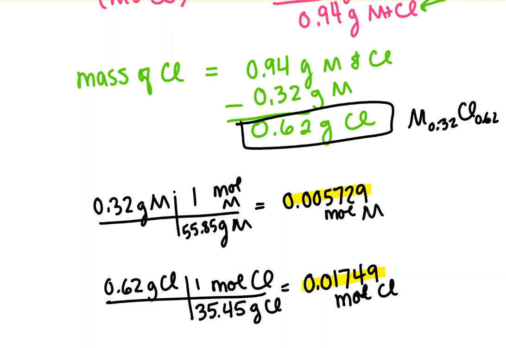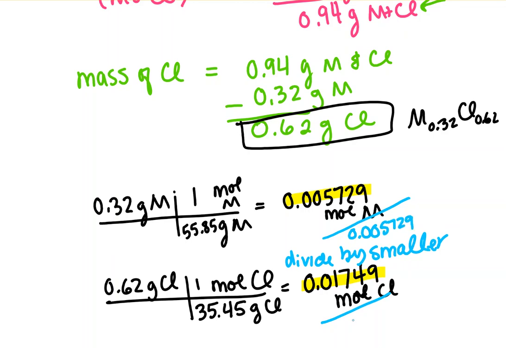I can't use 0.0057. So what I do is I divide by the smaller of these two numbers, which is this top one. Of course, here I get 1, and here I got 3.05.